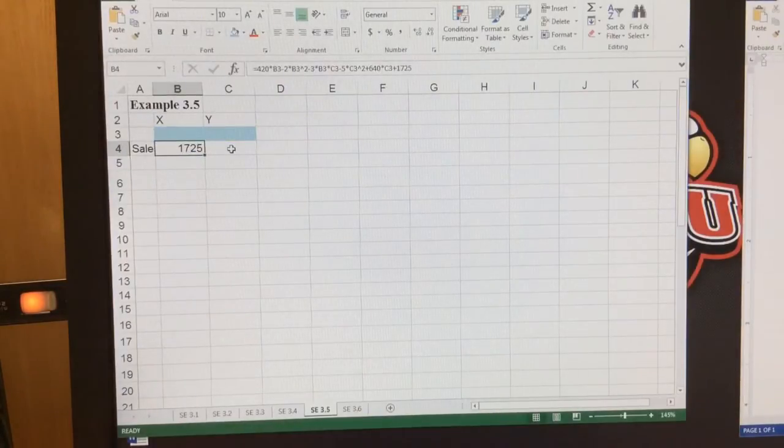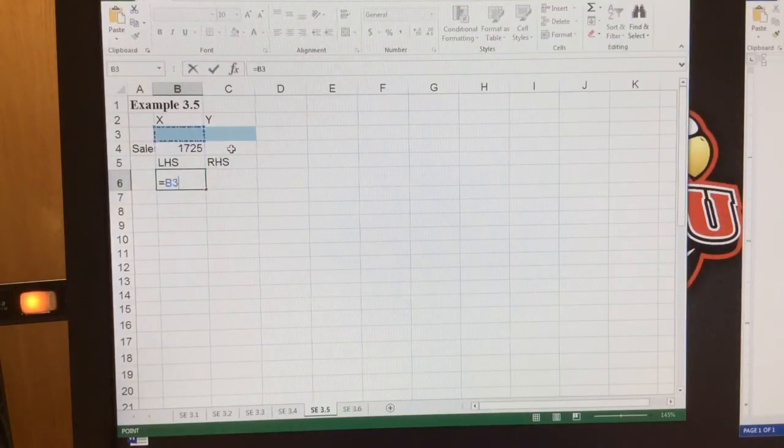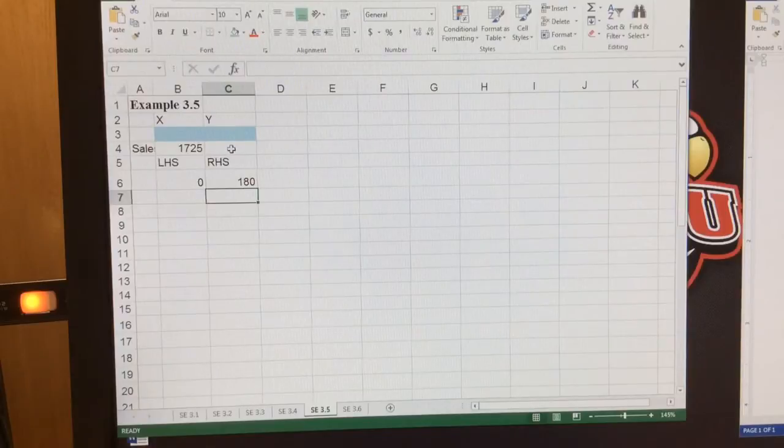That is our sales equation. Now we have a left-hand side and a right-hand side. The left-hand side is equal to X plus 4 times Y. Our right-hand side constraint is that we have a budget of 180.